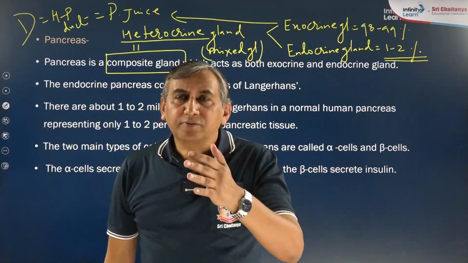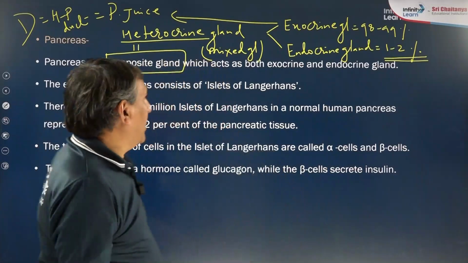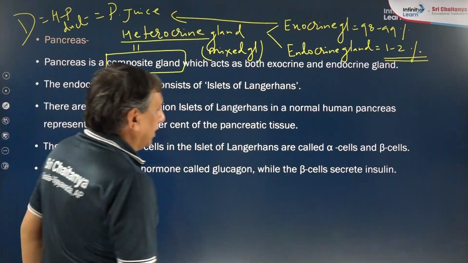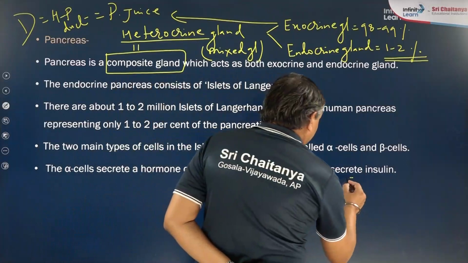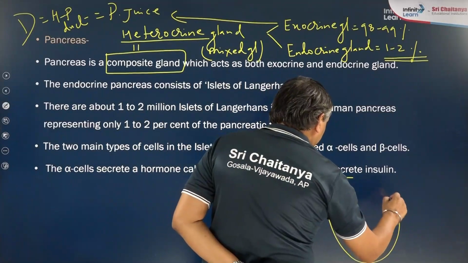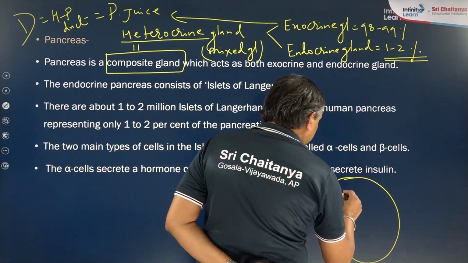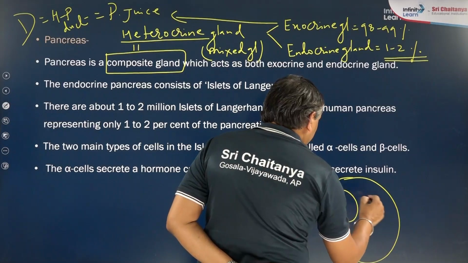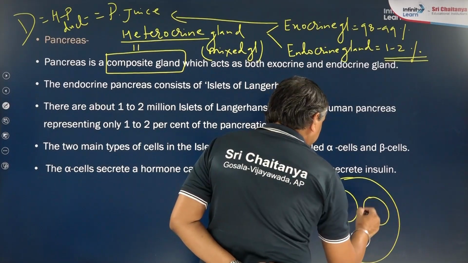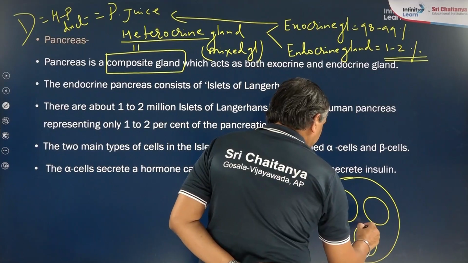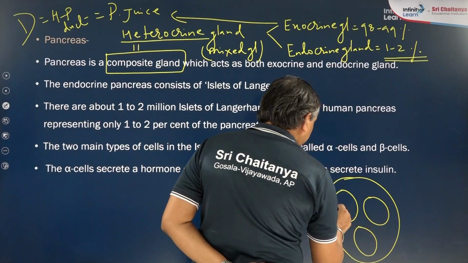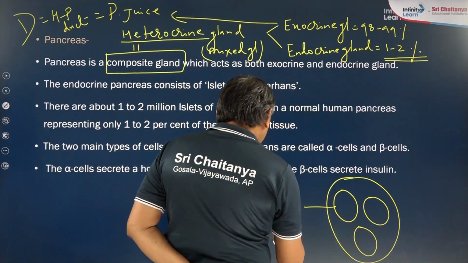Now the endocrine part is included in the endocrine system. If I talk about the pancreas, this is the TS of the pancreas. In the TS, these spherical structures are known as the pancreatic acini.